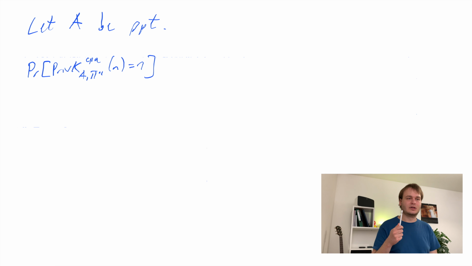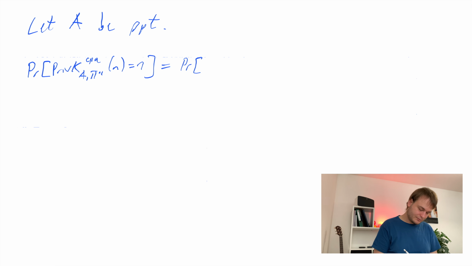And here we can do basically the standard trick. We'll do a case distinction. We will look at the one case where at some point A will query for the secret key, or one of the challenge messages is the secret key, and the other case where he does not. Okay, we will call this event finds key.